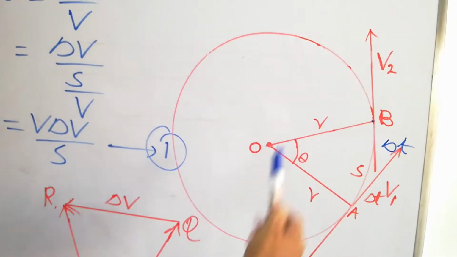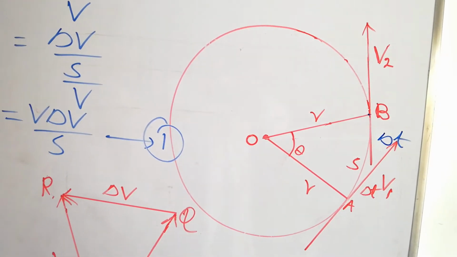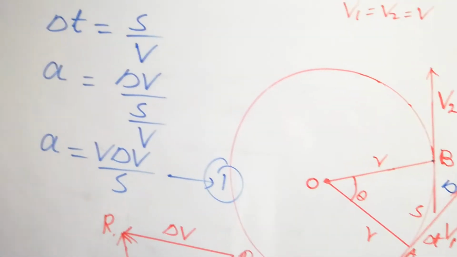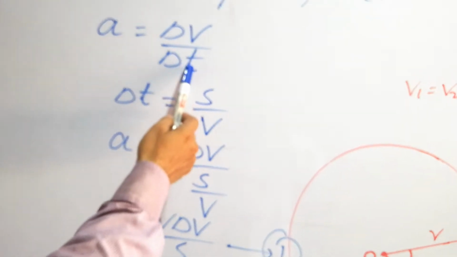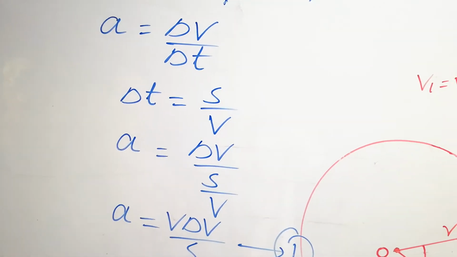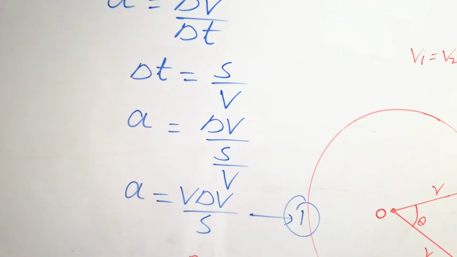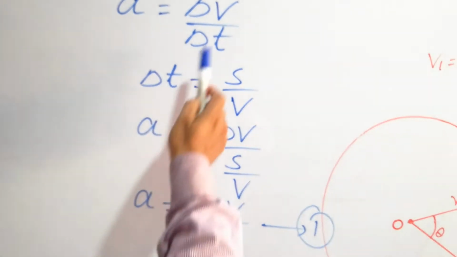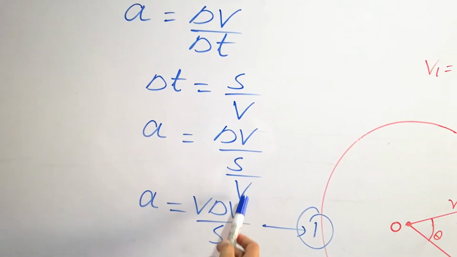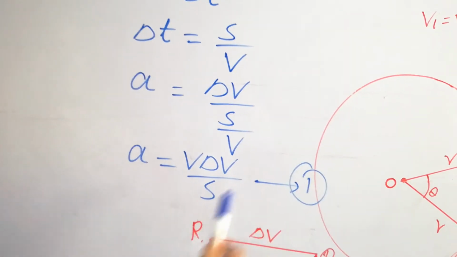The distance is s, and the radius of the circle is r. As the velocity is changing, there will be an acceleration, and acceleration is equal to delta v over delta t, and delta t is equal to s over v, because the speed is the same at different points. Putting this value in that equation, a is equal to delta v over s over v. Simplifying, a is equal to v delta v over s, and it is equation number 1.